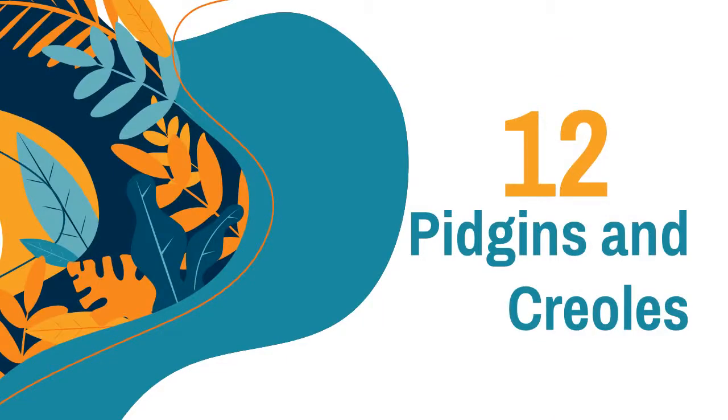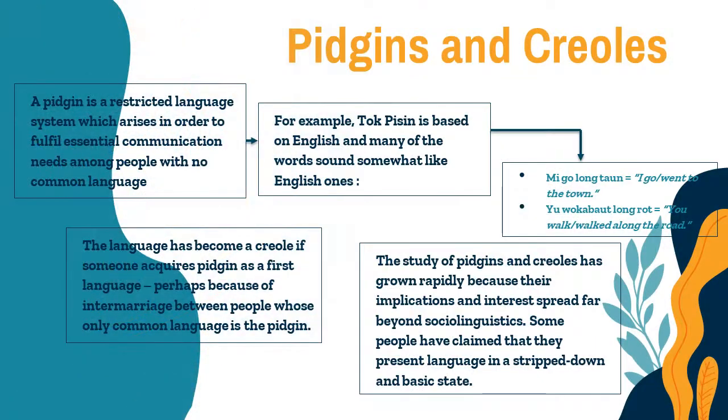The last is Pidgins and Creoles. A pidgin is a restricted language system which arises in order to fulfill essential communication needs among people with no common language.